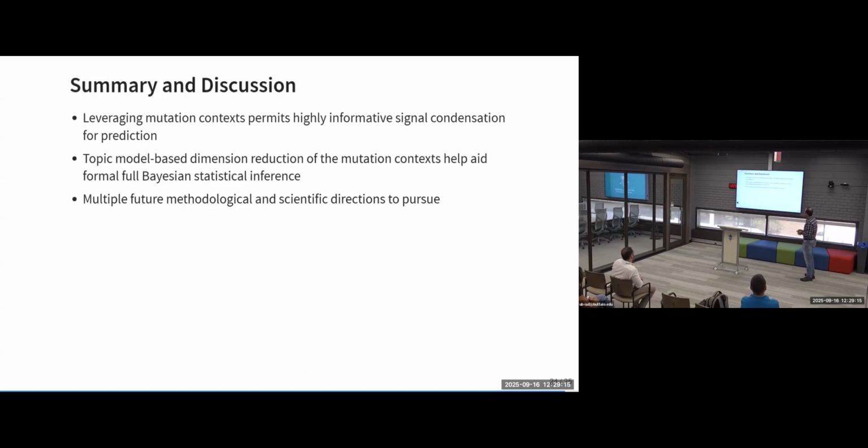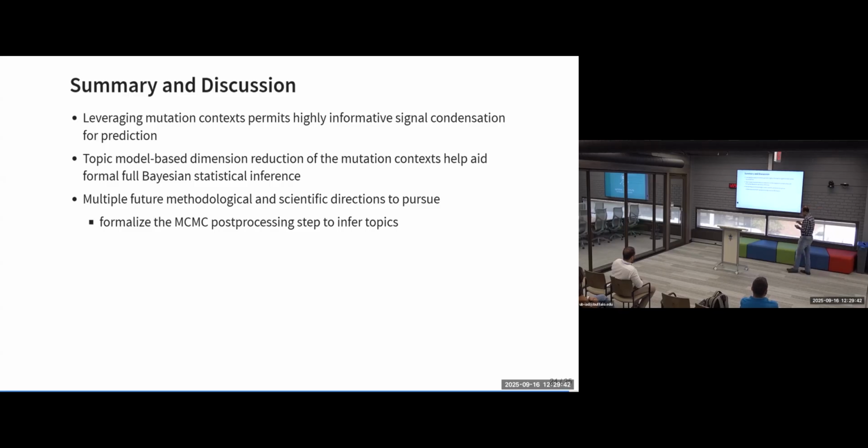So as a summary, the key take-home messages from this area of work is that leveraging mutation contexts can permit highly informative signal condensation for prediction as well as inference. Topic-based dimensionality reduction taken from the area of NLP can help us give interpretable structures or patterns of mutational topics, analogous to mutational signatures.